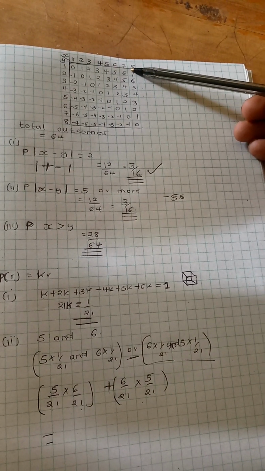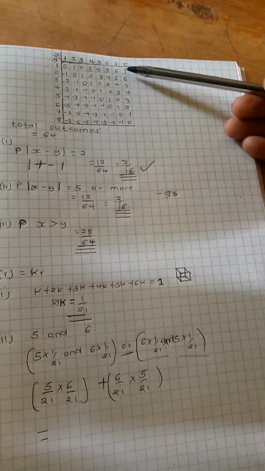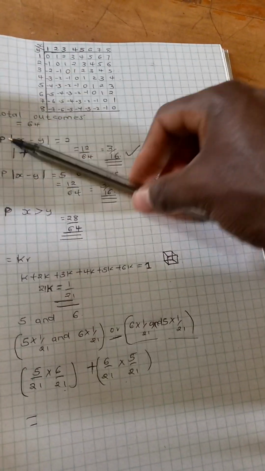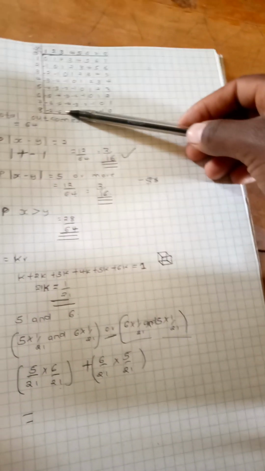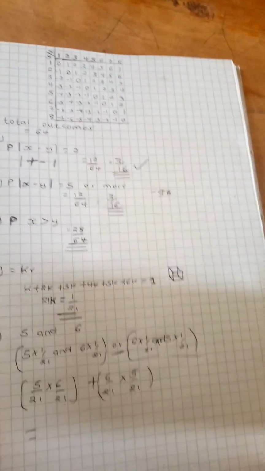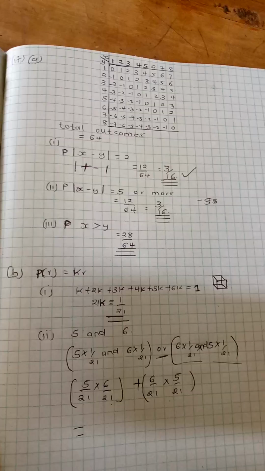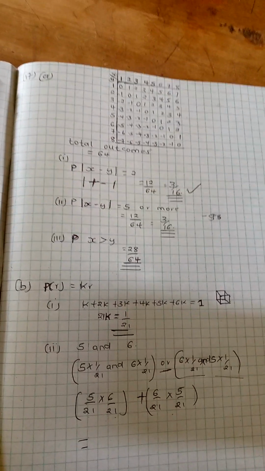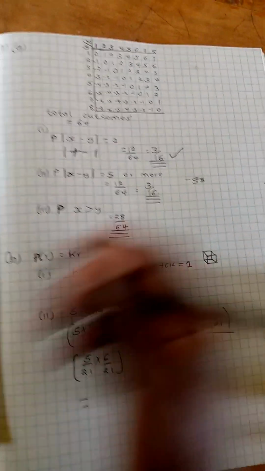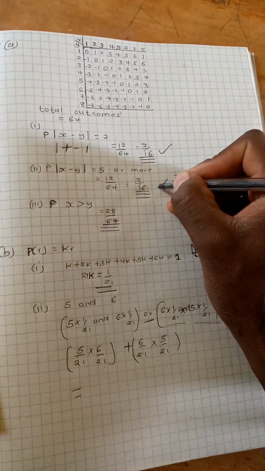So for positive 5 and above there are 6. Again, for negative 5 and below there are 6. So 6 and 6 again, learners, are 12. You divide by the total outcomes, which are 64. Your answer is 3 over 16.